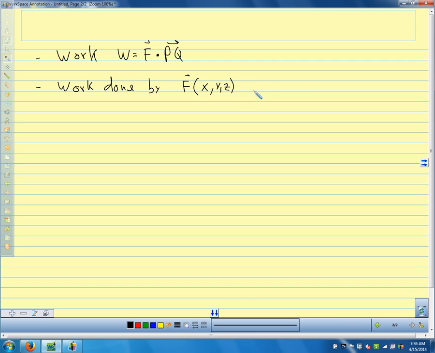Moving a particle along a smooth curve C. So now our particle is moving on some kind of curve, and we have a force, a vector field that describes a force, and this force is going to do some work on that particle as it moves along that curve.